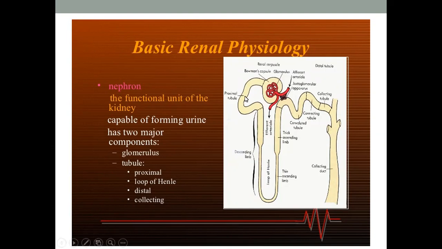The tubules have proximal tubules, like you can see, the loop of Henle, the distal convoluted tubules, and the distal collecting tubules before you get to the collecting duct. So this is the single functional unit of the kidney. The whole of the kidney is made up of nephrons that are capable of urine formation.